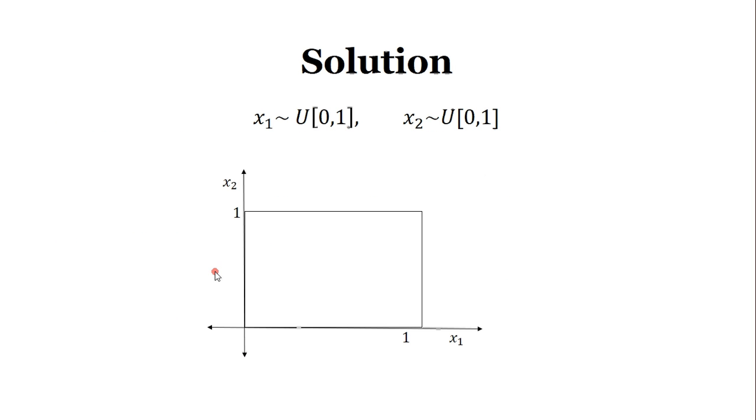First of all, we need to plot the uniform distribution range of x1 and x2. Here you can see x1 ranges from 0 to 1 and x2 also ranges from 0 to 1. So this is the domain of our probability density function.